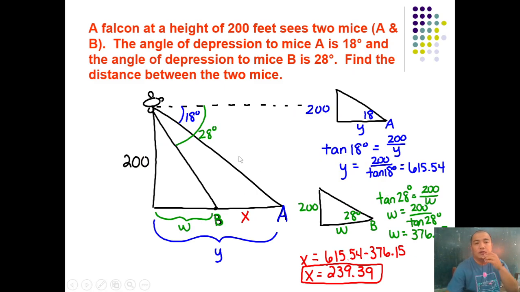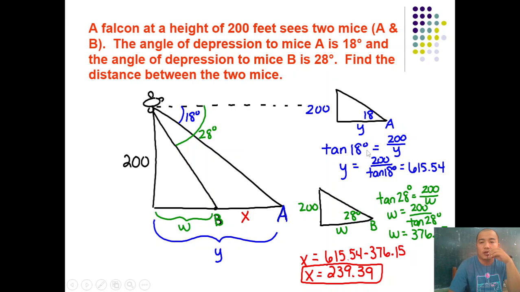A falcon, which is a bird at a height of 200 feet, sees 2 mice. The angle of depression to mouse A is 18 degrees and the angle of depression to mouse B is 28 degrees. Find the distance between the 2 mice. Here we're going to solve 2 triangles. For the whole triangle, we have here 200 and y.